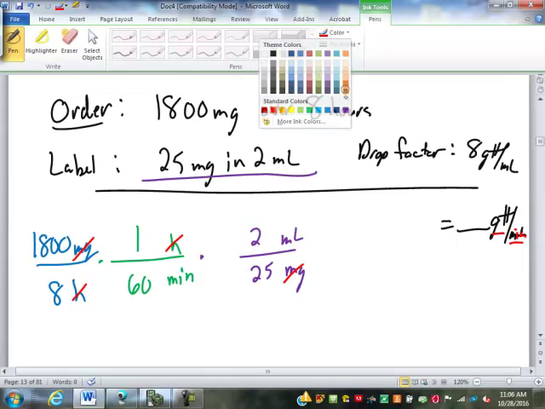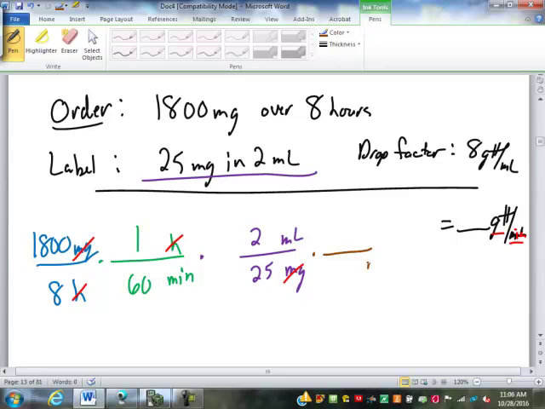So I have to get rid of the milliliters. Milliliters go on bottom. It's going to be 8 drops per 1 milliliter. So the milliliters are now gone, and now we do have drops over minutes.